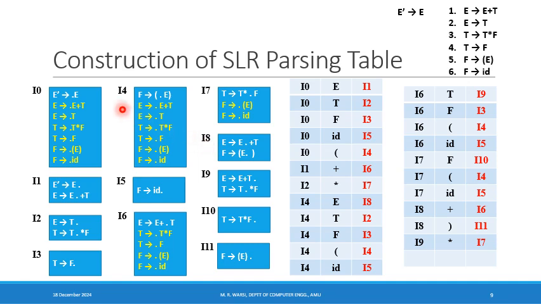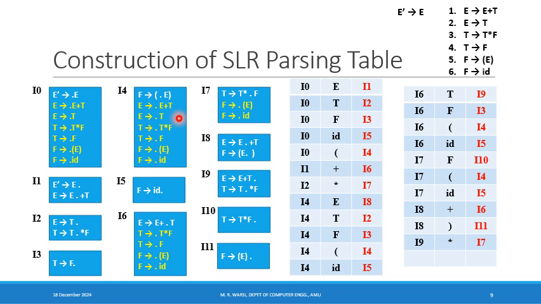Let us now go back to the I4 state and consider other LR0 items. In these two LR0 items, after the dot I have the variable capital T. So from I4 state on capital T there will be a transition.